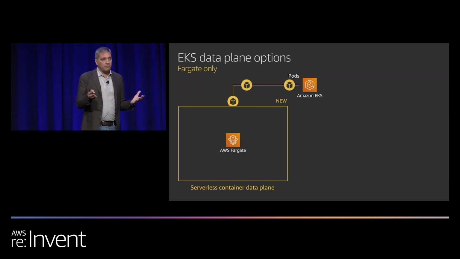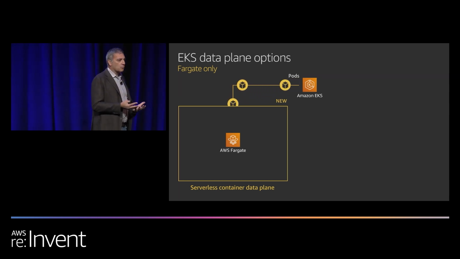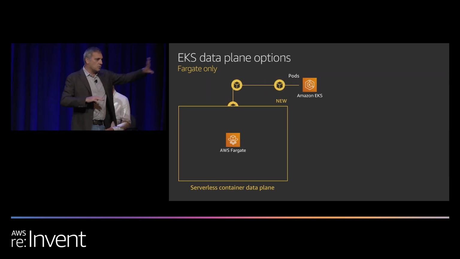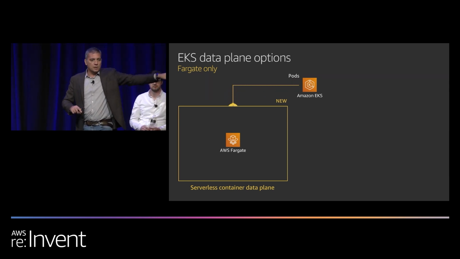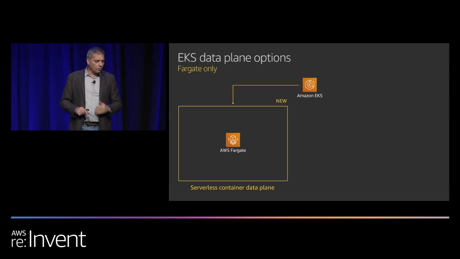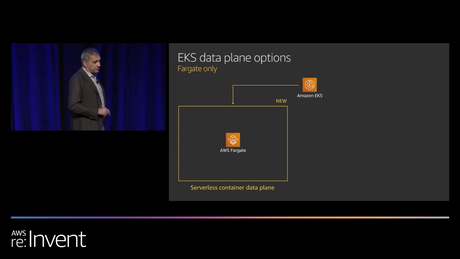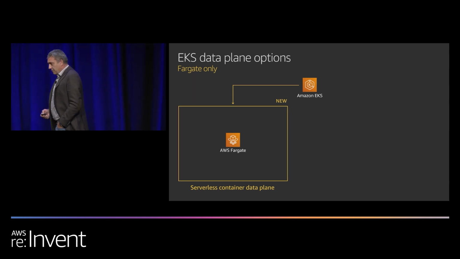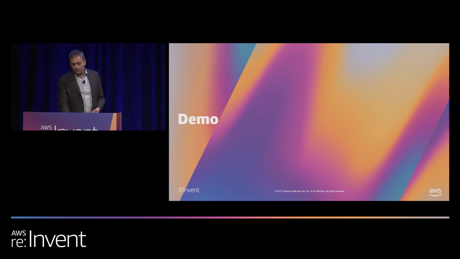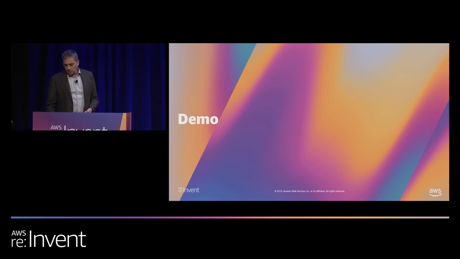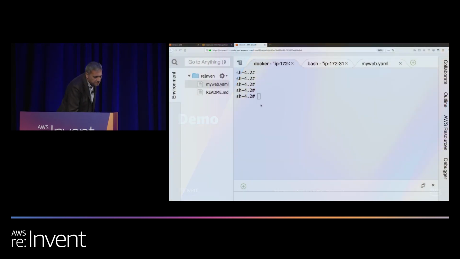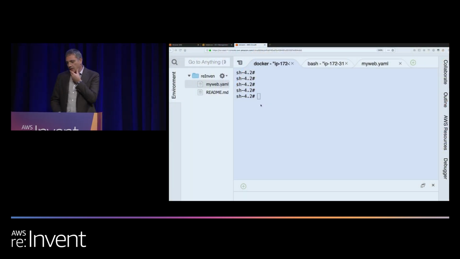So you can have a Fargate-only cluster where you have basically no EC2 instances whatsoever, because you don't get to see the EC2 instance for the managed control plane, and you don't get to see the EC2 instances for the Fargate fleet. Having said that, before we get a little bit deeper into how these work, we thought it would be better to show you first how these actually work in reality.